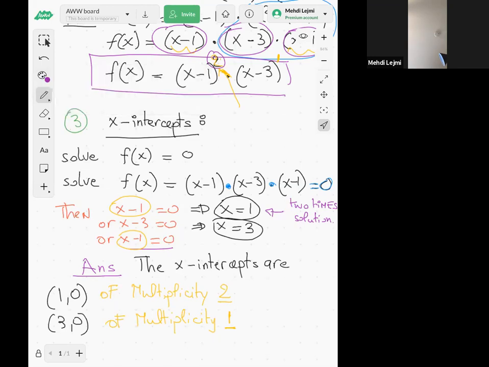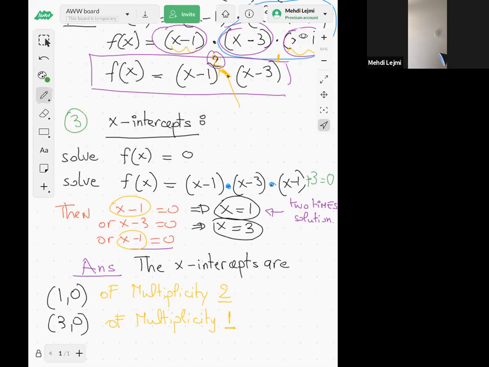Because again, guys, let's say you have this factorization plus, I don't know, plus 3 equal to 0, right? If you have a product, and then you have plus 3 equal to 0, then actually you cannot deduce anything. You cannot really say x is 1 or x is 3 or whatever, right?